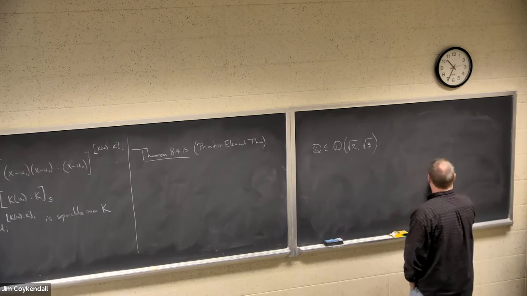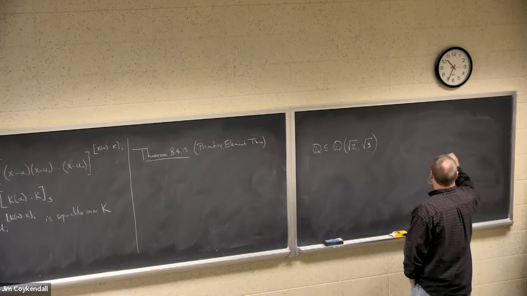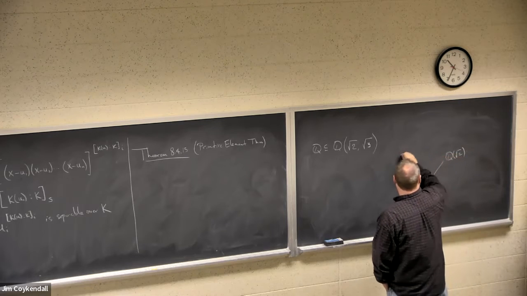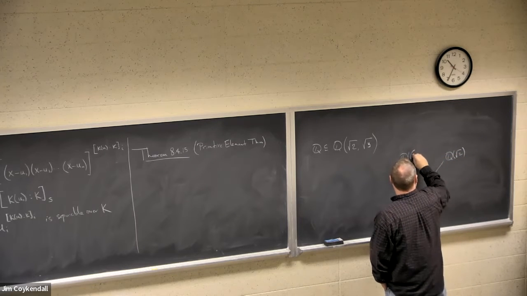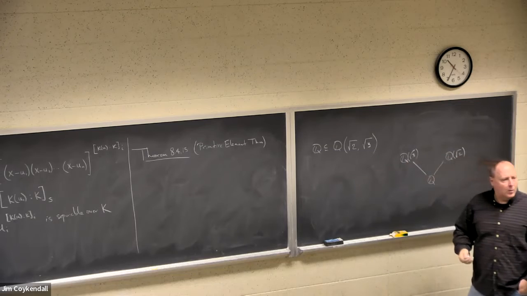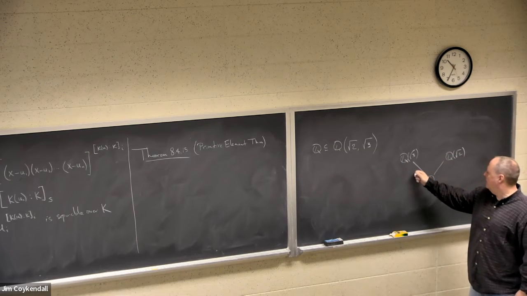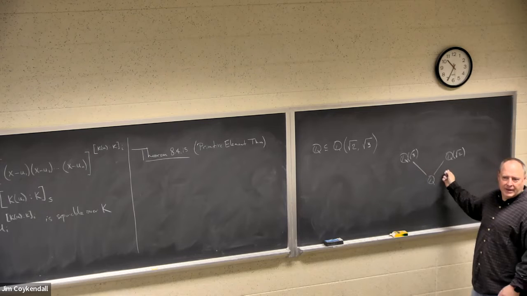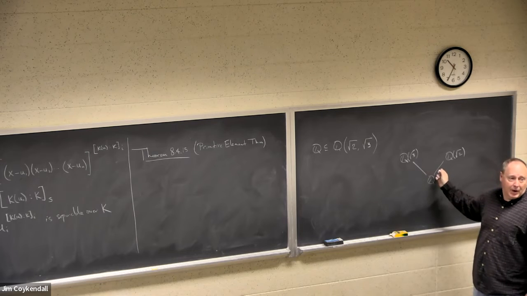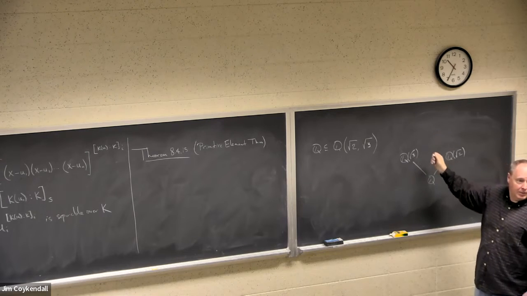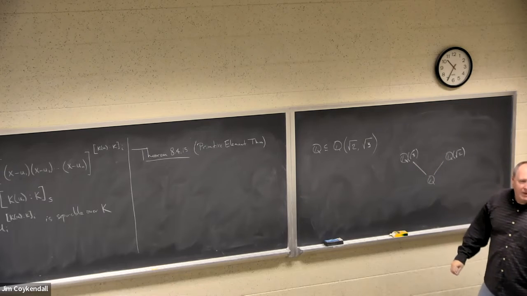And this might be a good exercise. This doesn't quite follow from a homework exercise, because one of the homework exercises we had is if this is degree m, this is degree n, and m and n are relatively prime, then the degree of the total extension is the multiple of this. It wasn't an if and only if.